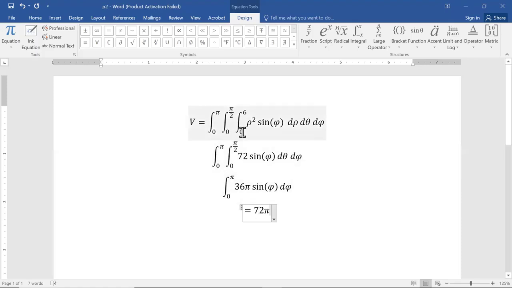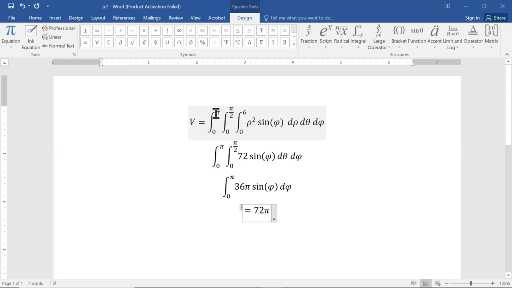Now let's talk about what this three-dimensional region does. The rho goes from 0 to 6. The theta goes from 0 to pi over 2. And the phi goes from 0 to pi. So this is a sphere of radius 6, but the theta value is only going from 0 to pi over 2. And the phi is going from 0 to pi.